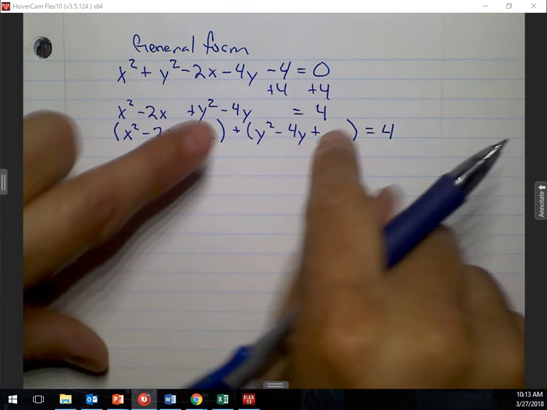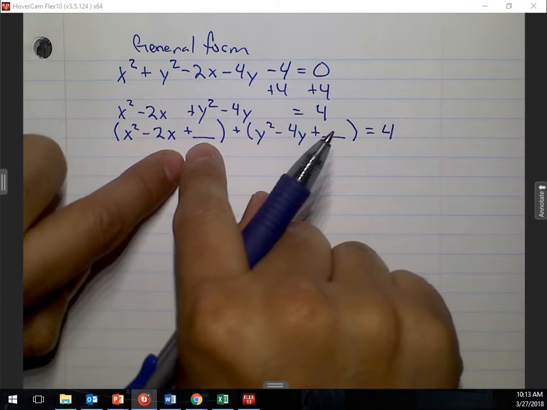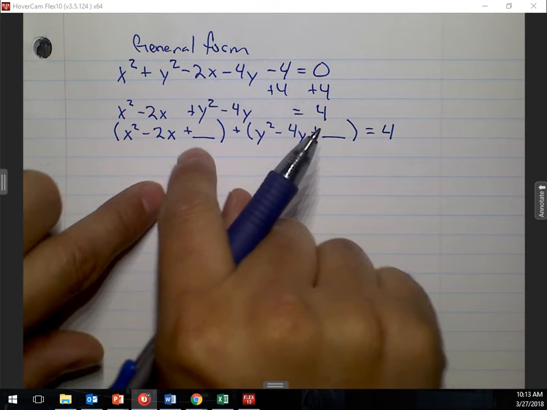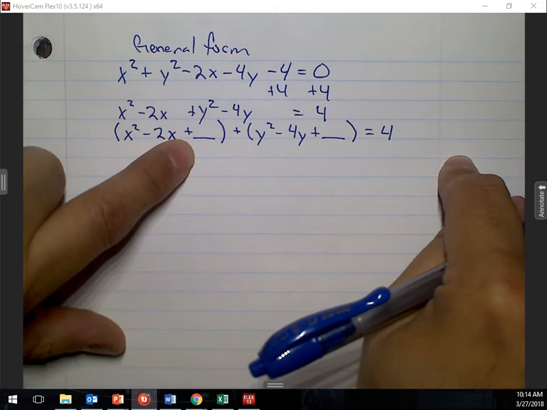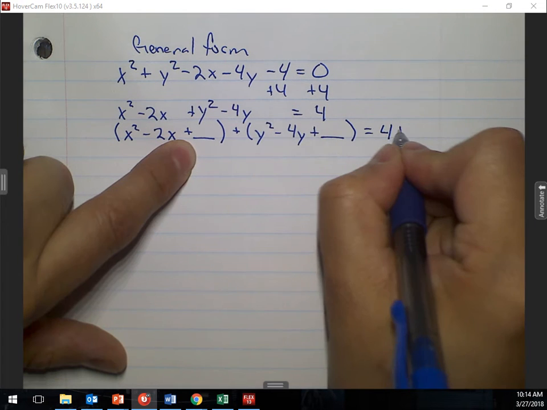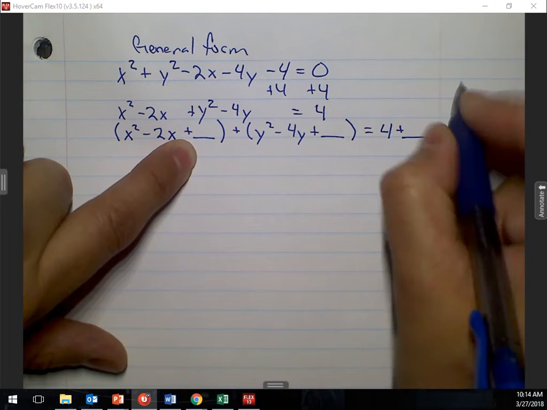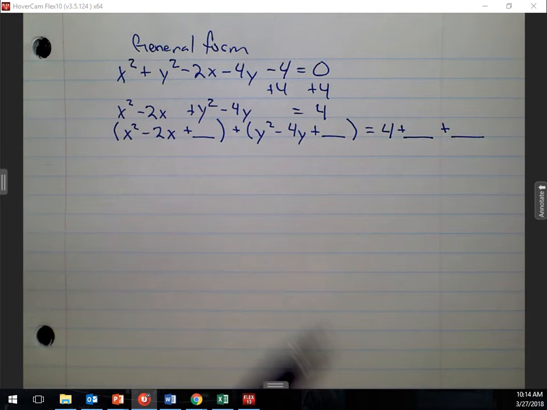And now I'm going to add to each one of these. Okay? So now in algebra, if I add to one side, I must also add to the other. So I'm going to have plus my first something and plus my second something.